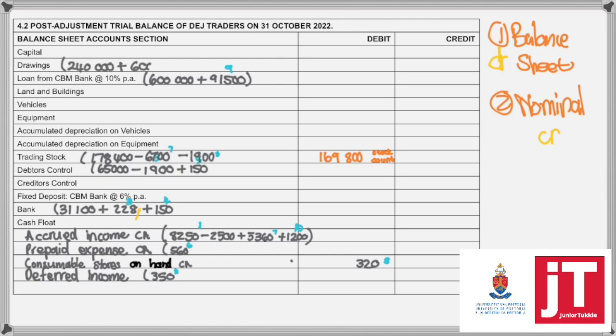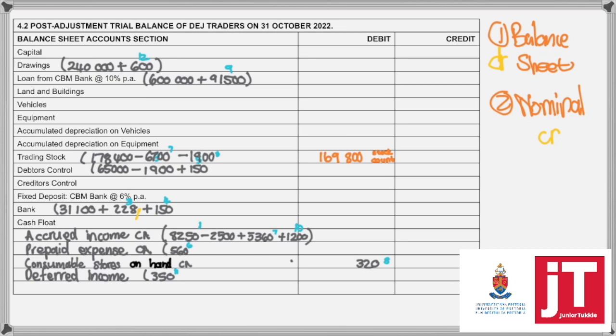So the drawings part will be in the balance sheet here. So the 240,000 plus 600 Rand, that should have been recorded as drawings. And then on the nominal section, minus 600 Rand off telephone, because we recorded it as telephone expense, but it was actually the owner's wife's. So therefore it must be drawings. So we are just transferring it, taking it out of telephone, putting it into drawings.